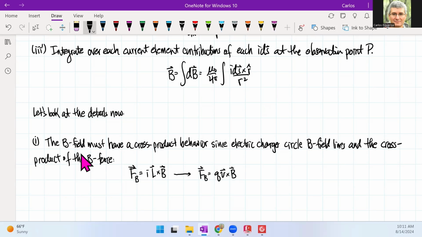But remember that the Biot Savart law is about current, not charges. They're not the same. So just to restate what I just said, there must be a current.